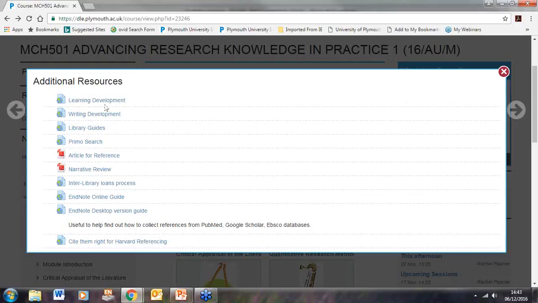Equally, the Writing Development site, this particular tab, which takes you to WRASSE, a writing development site. You can put in level 7 and look at specific examples of writing at level 7 and how they've written in the third person.